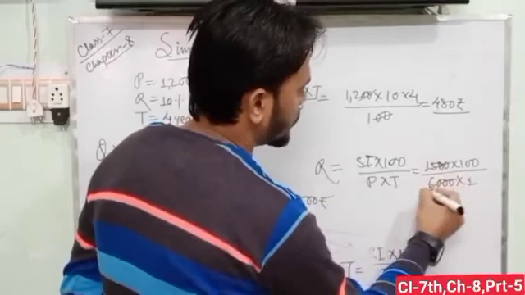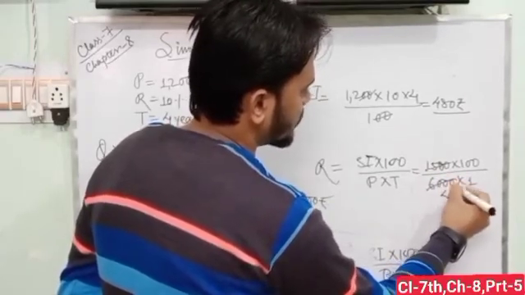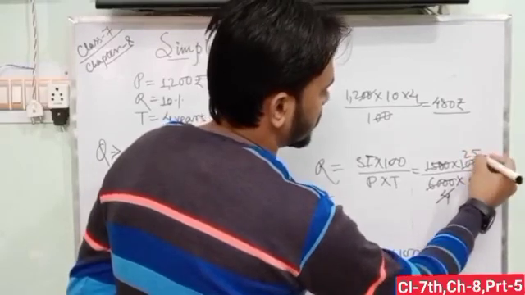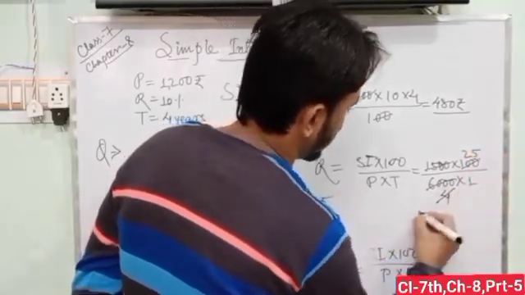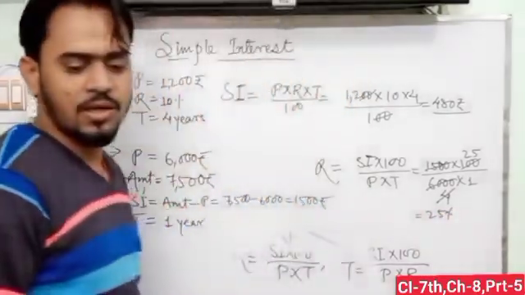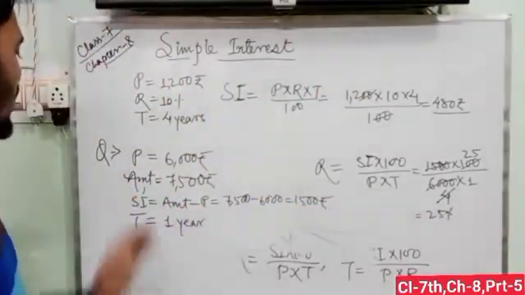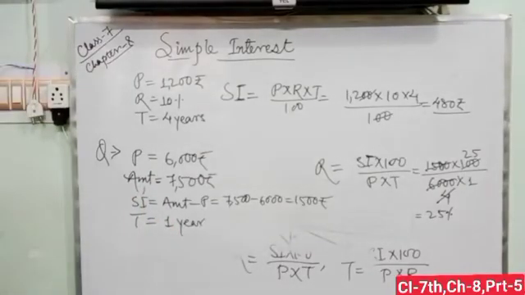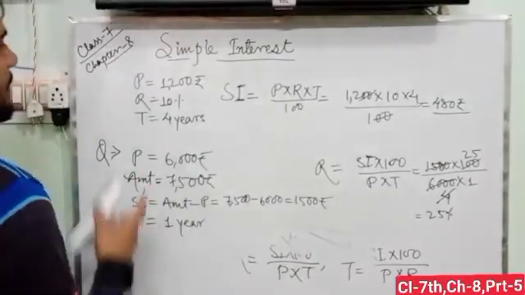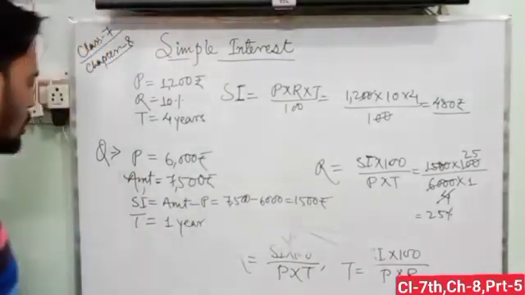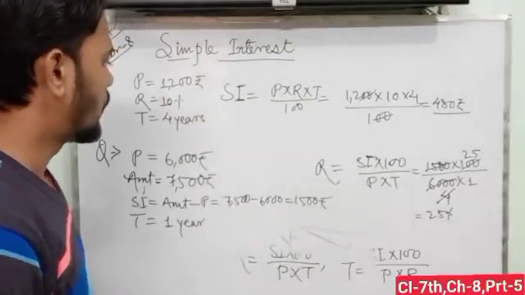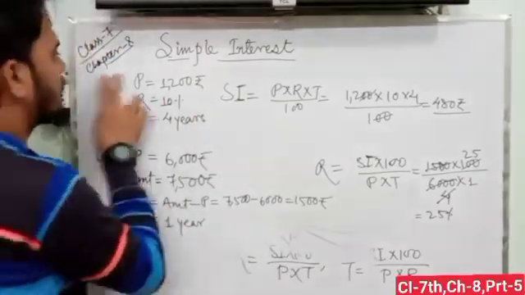So 15 fours are 60, 6,000 and 4, 100 is cut by 4, and we get 25% rate per annum. So similarly, you can solve questions based on simple interest. Follow these formulas.